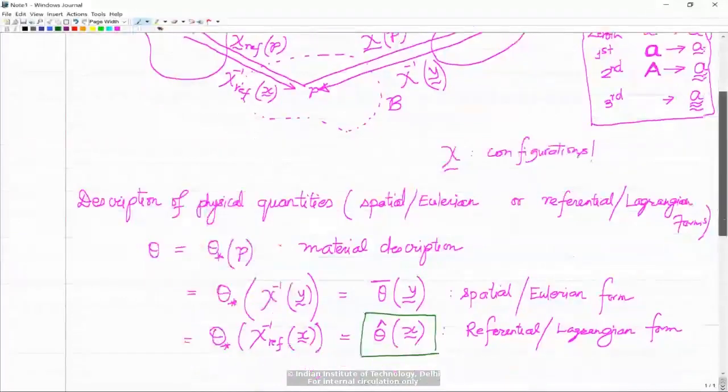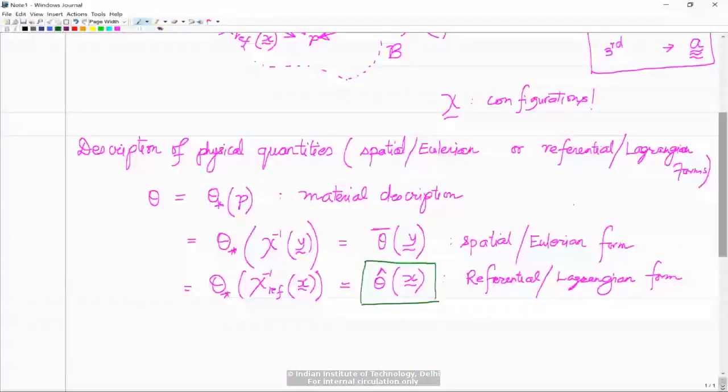Many students or even researchers confuse it with thinking that this is the temperature of the particle in the reference configuration.